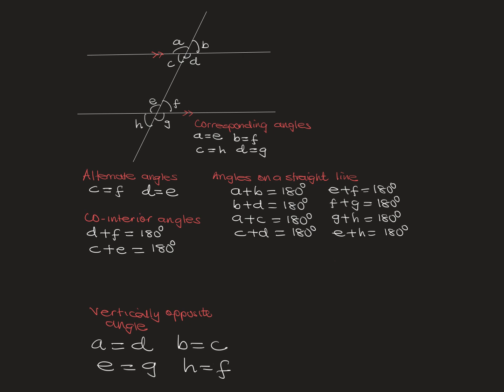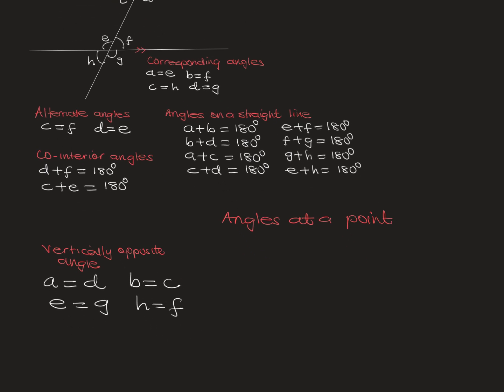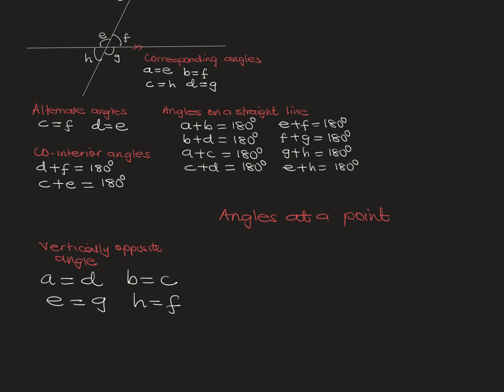Then we move on to what we call angles at a point. So if I have different lines intersecting, let's say we have a line like this, another line like this, then another line like this.